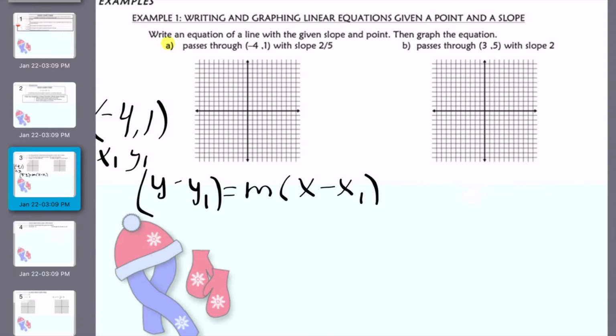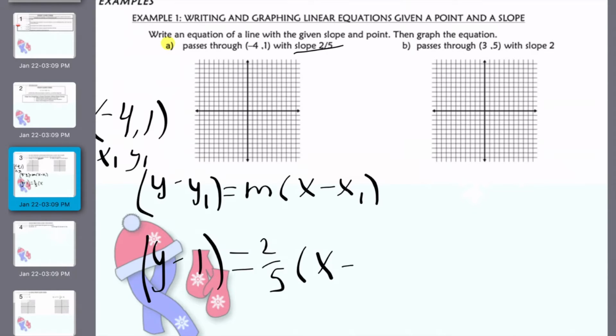And then we put it into the appropriate spots, and we take our slope and put that in for m. So this will look like y minus 1 equals 2/5 times x minus -4, or you can think about this as x plus 4, whatever you want to do.